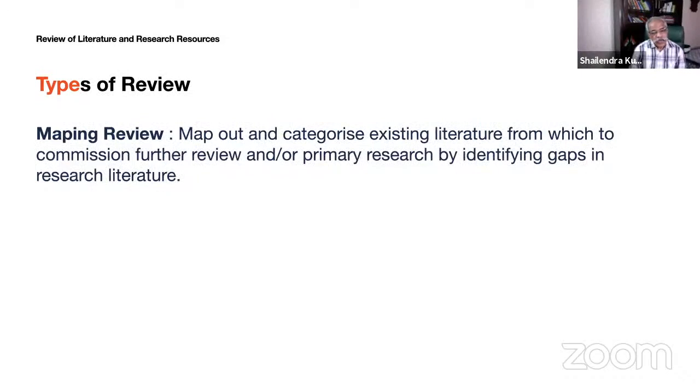Now, once you have done the meta-analysis, and also you have categorized your resources systematically, then you have to do the mapping. You have to categorize them. You have to give different points on different areas on the sheet, and show how these areas are connected with each other.